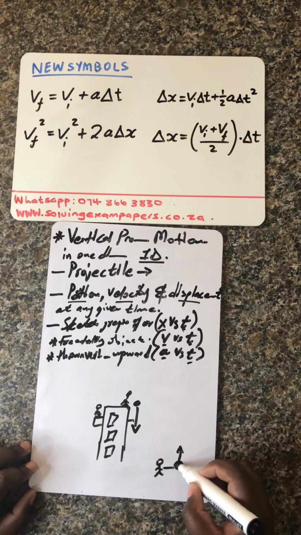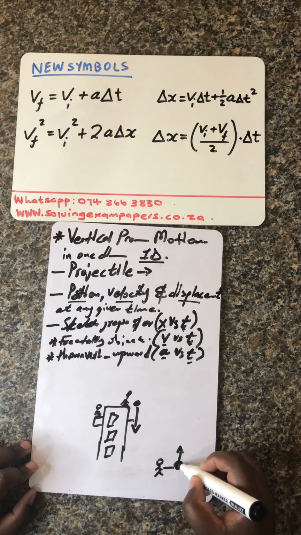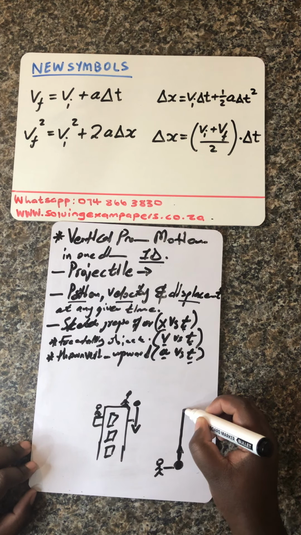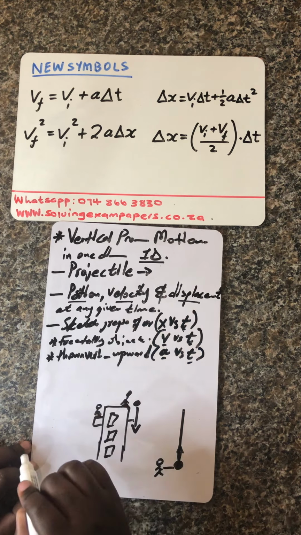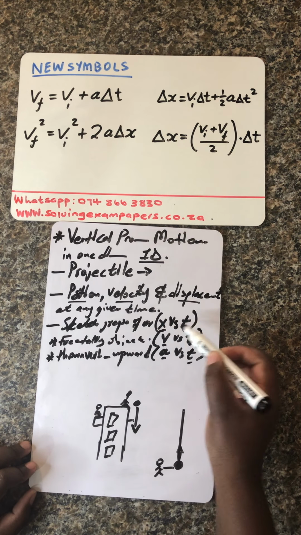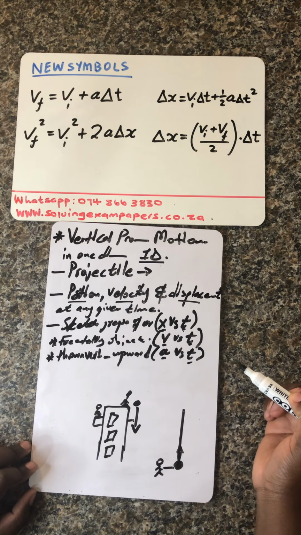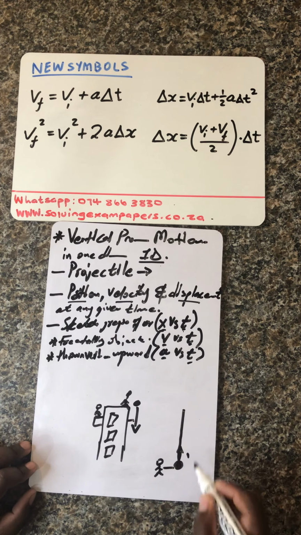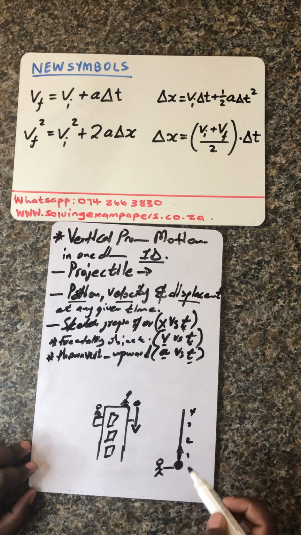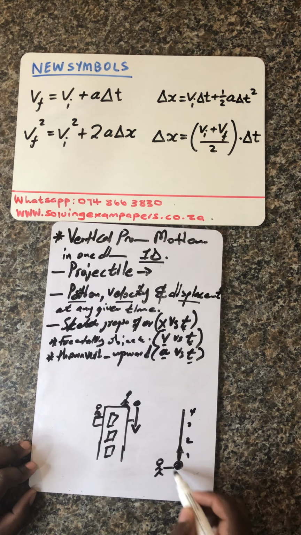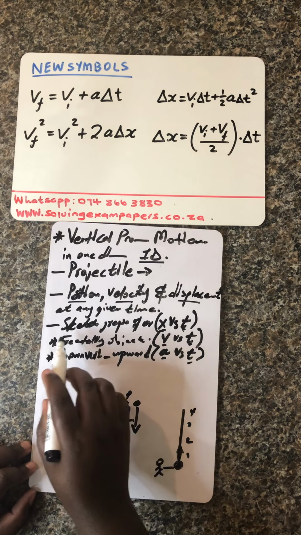As that object is moving upwards, we can represent its position versus time in a form of a sketch, meaning after 1 second, 2 seconds, 3 seconds, 4 seconds, what is the position of this object?